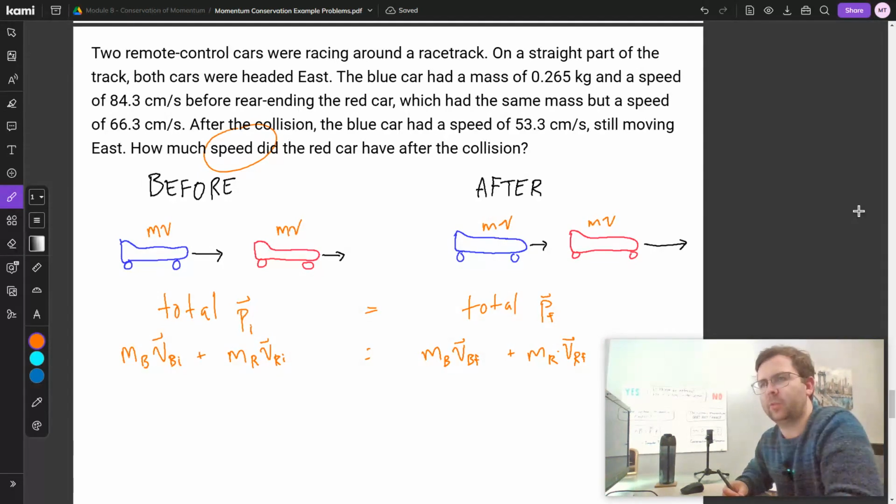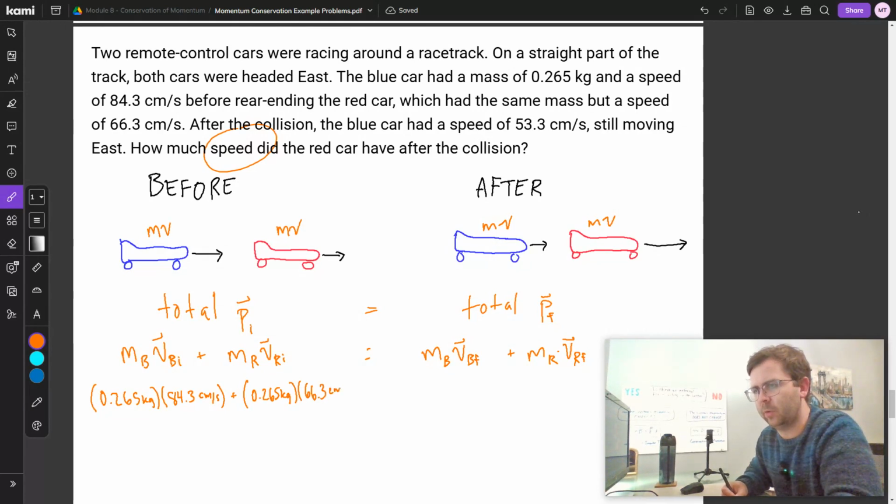So now we can begin substituting in some numbers here. So the mass of the blue car, I think they have the same mass. Both of them have 0.265 kilograms for their mass. And the initial speed of the blue car is 84.3 centimeters per second. The mass of the red car is the same. The speed of the red car is 66.3 centimeters per second.